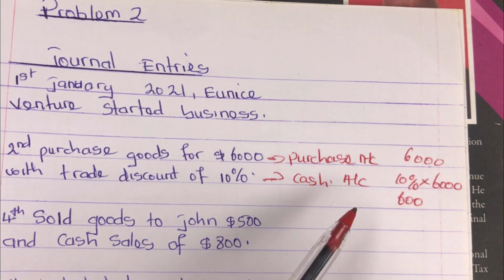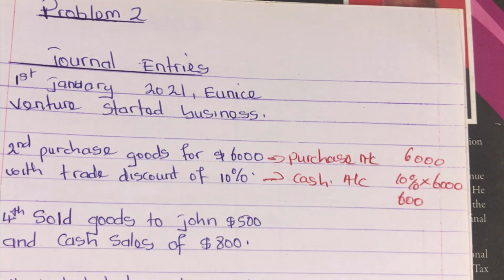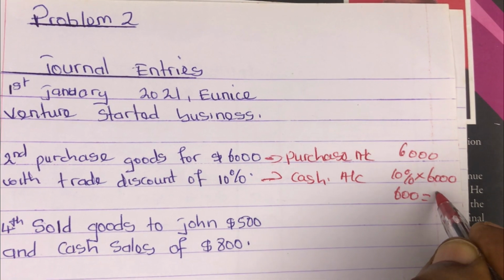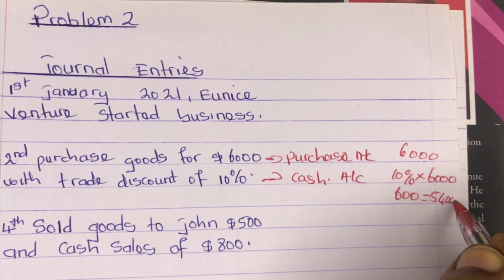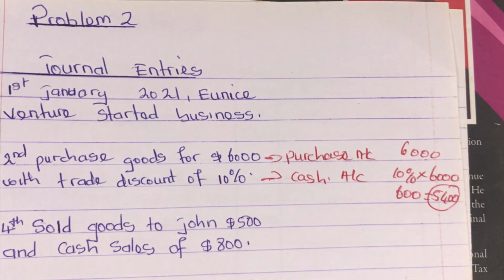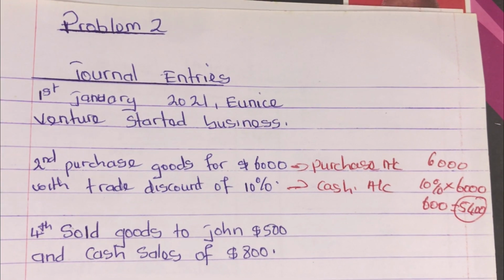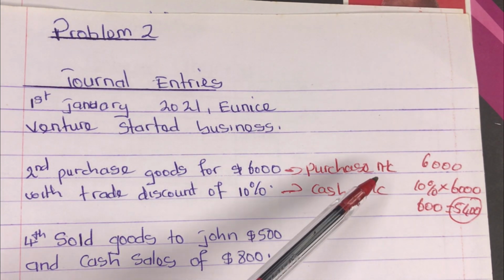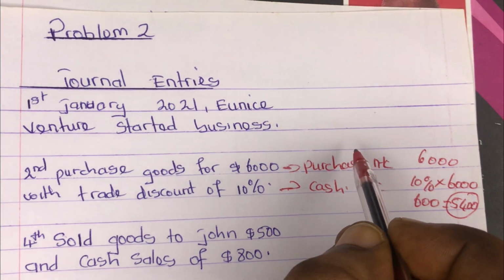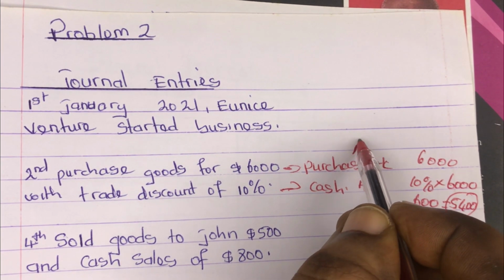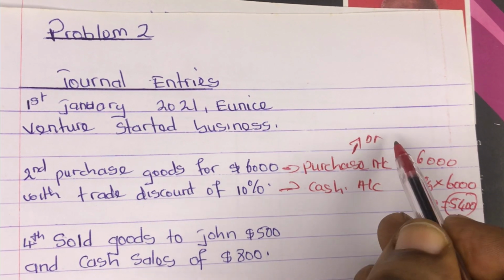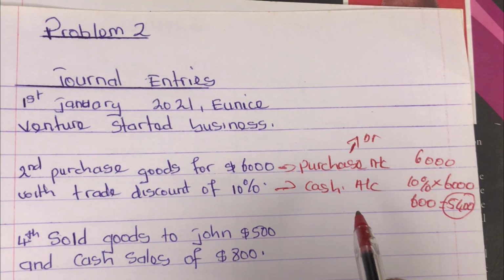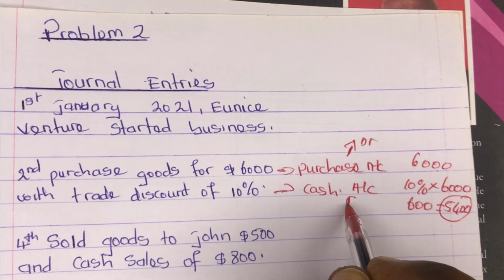So if we subtract 600 from 6,000, we have $5,400. So this is the figure that we are going to be looking at. So the two accounts, purchase account and the cash account. The purchase account is receiving, so we debit, and the cash account is giving, so we credit.